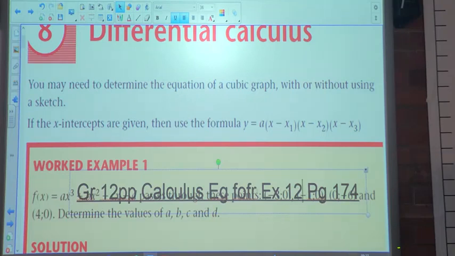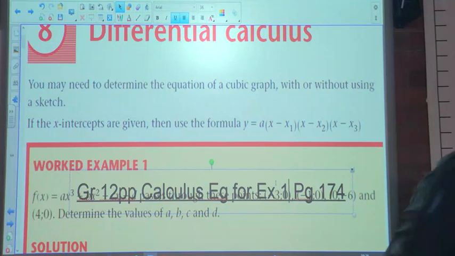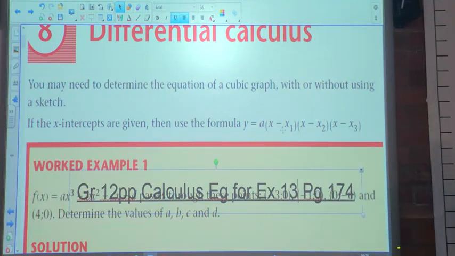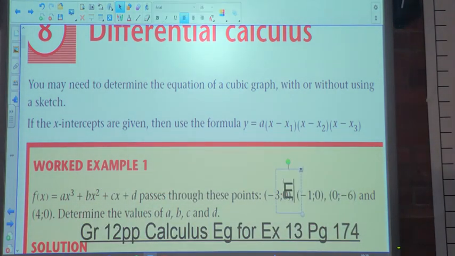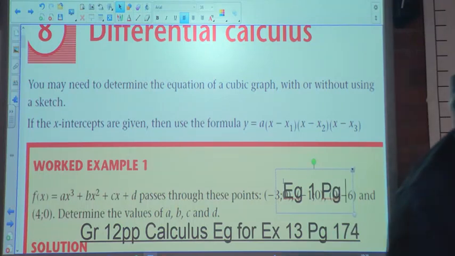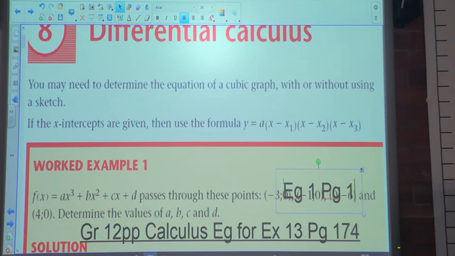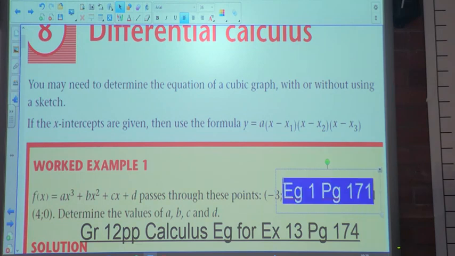Okay. 13. Are you sure this time? Yes, 13. It is 12. Alright, so this example, I give example 1 on page 171. Okay.